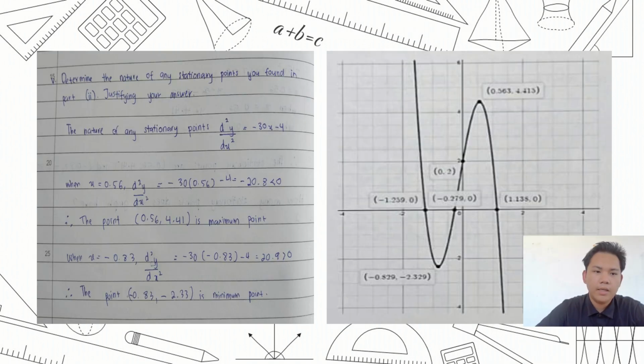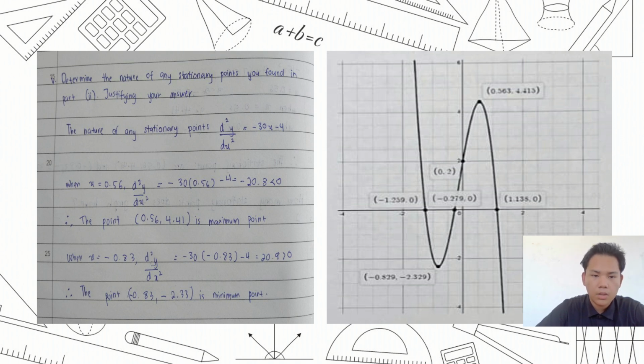For question D5, determine the nature of any stationary points you found in part 2. Justify your answer. d squared y over dx squared equals negative 30x minus 4.